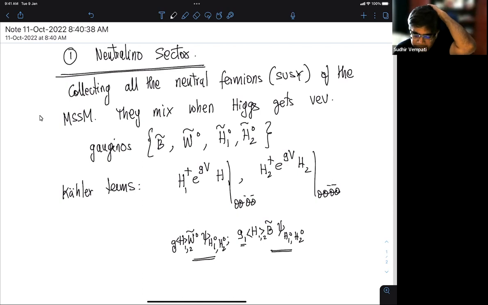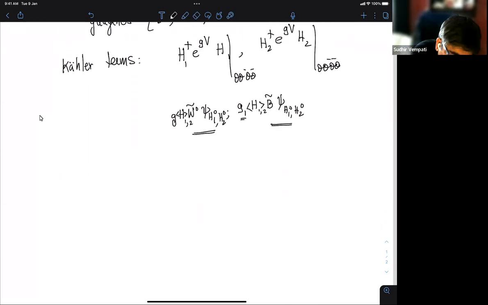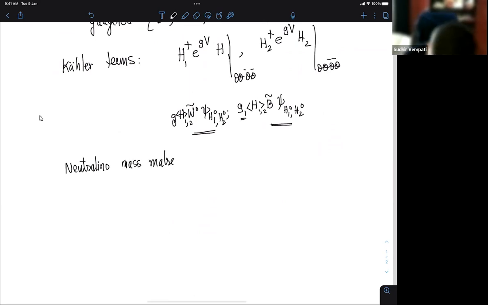Whether it is v1 or v2, if it's v2, it gives you sine beta; if it's v1, it gives you cos beta. So on. So you can write a neutralino mass matrix, L, which contains psi N transpose M_N psi N plus h.c.